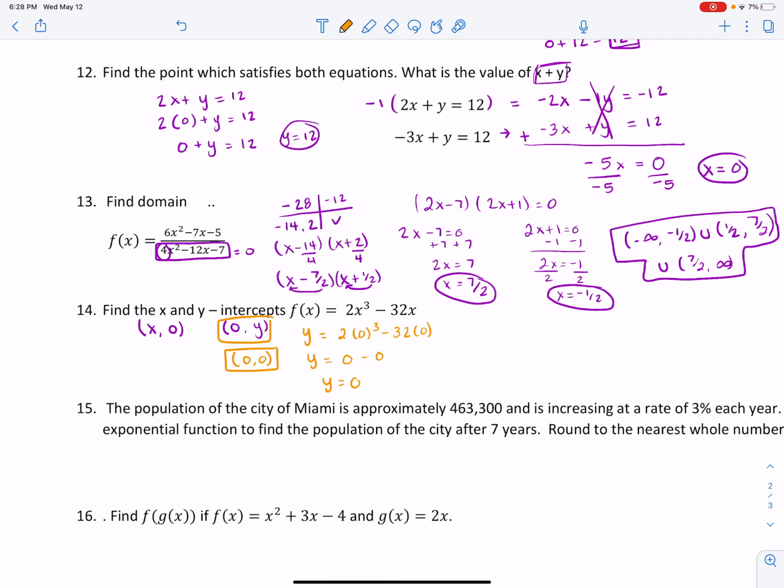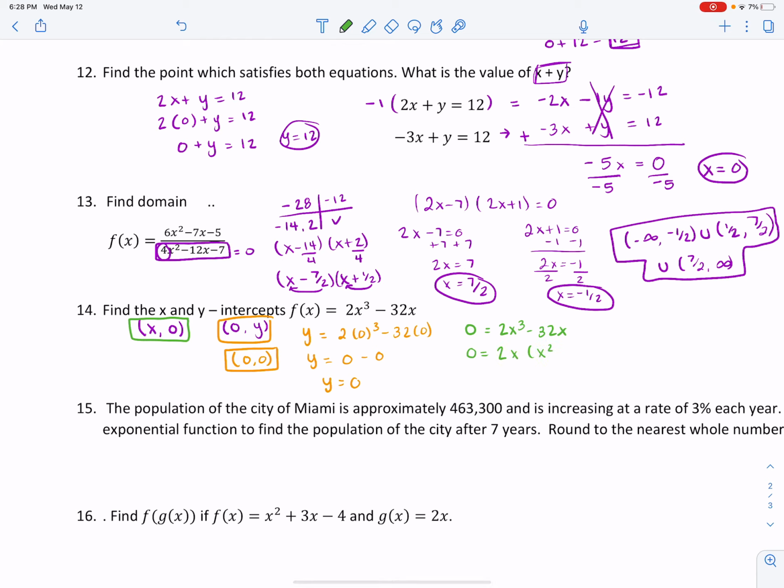All right, now the x-intercept is a little more complicated. So if I'm finding the x-intercept, then I'm going to plug in 0 for y. 2x cubed minus 32x. Now the only way to solve this when I have lots of x's going on and they're not like terms is you have to factor it. So I can take out of both terms 2x.